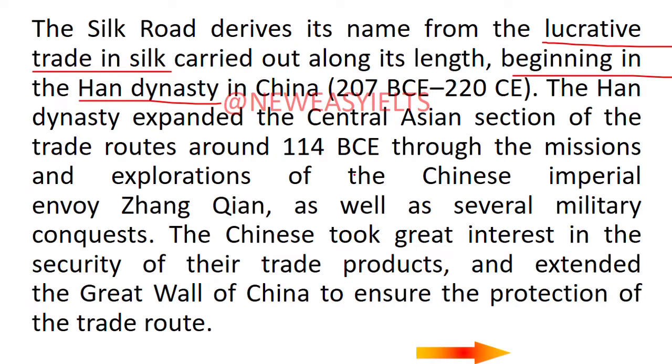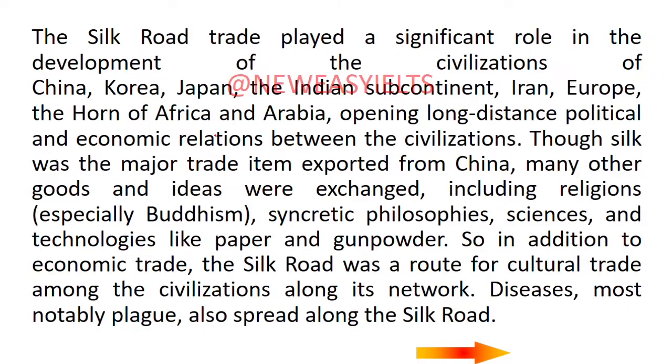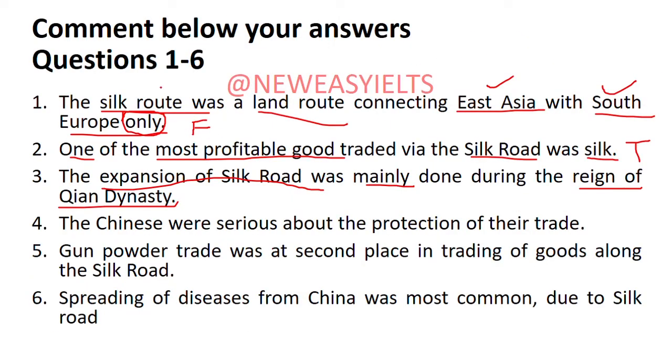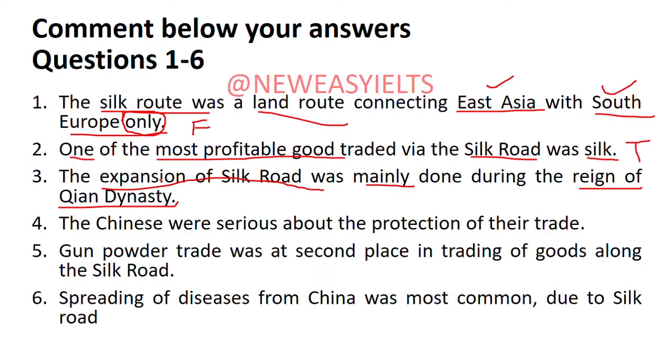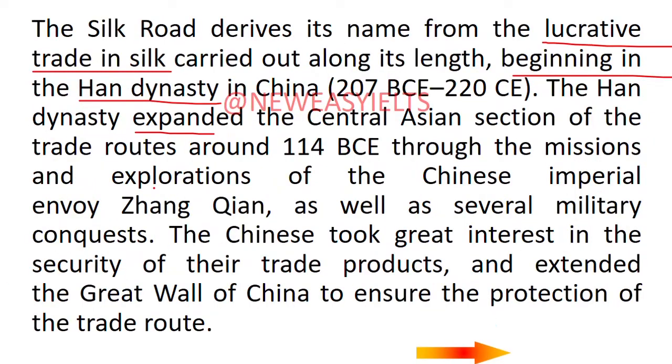Next, what is written? The Han Dynasty expanded. We got the word from the question, expansion. Expansion and expanded are the same. So next, what is written? The Central Asian section of the trade routes around 114 BCE through the missions and exploration of the Chinese imperial envoy Zhang Qian.